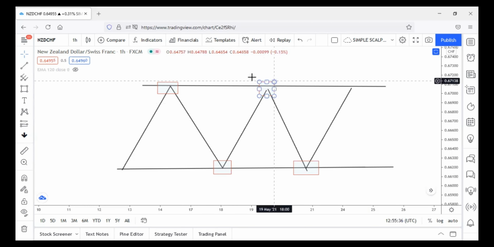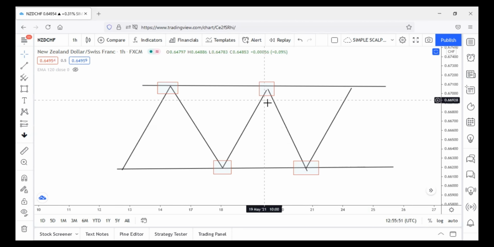Apart from the presence of the candlestick pattern around this area, there are also other ways that can give you additional confidence and confirmation that this area is ready to hold.